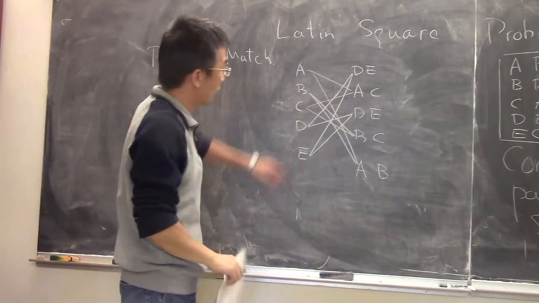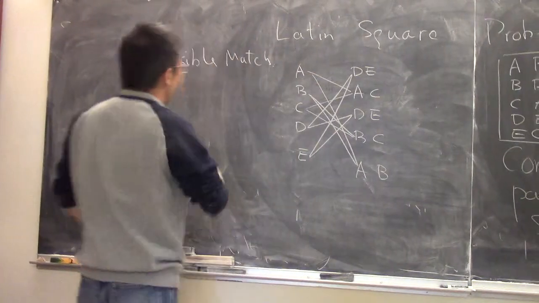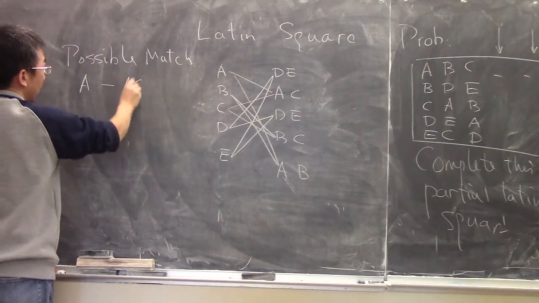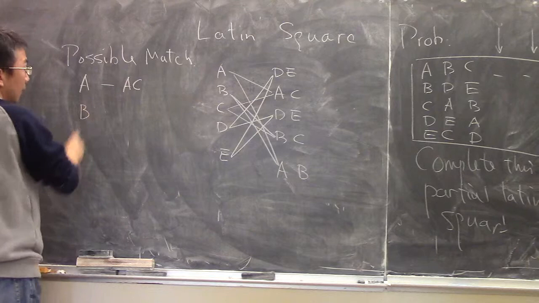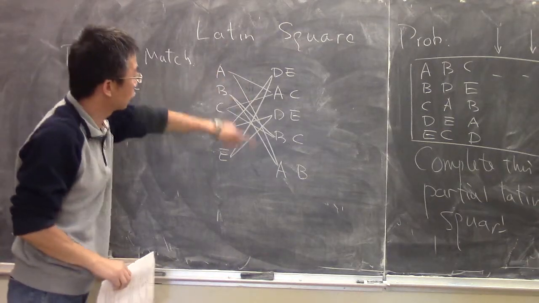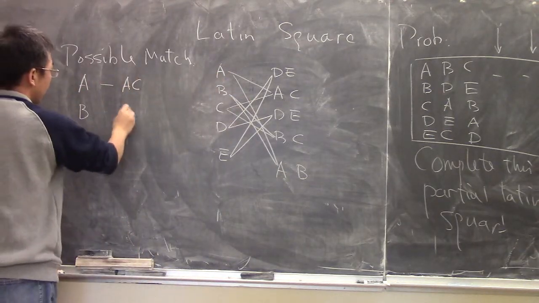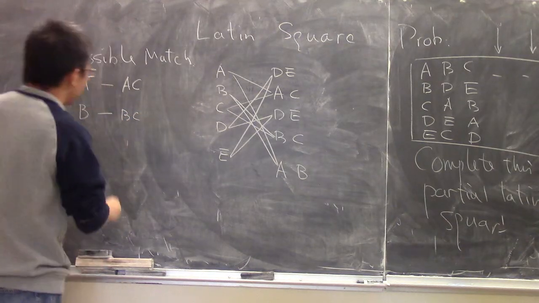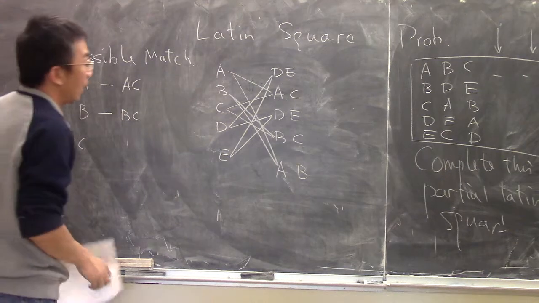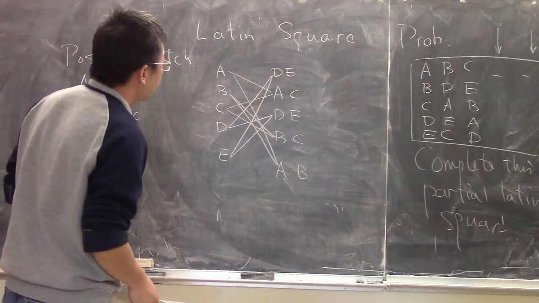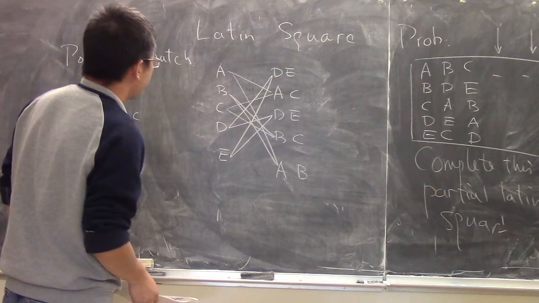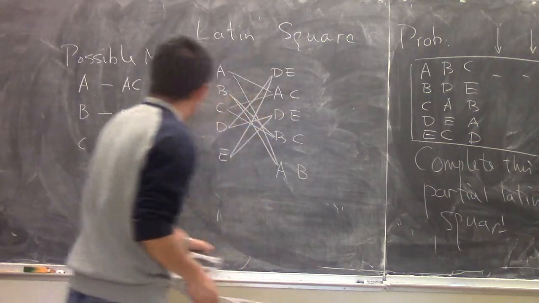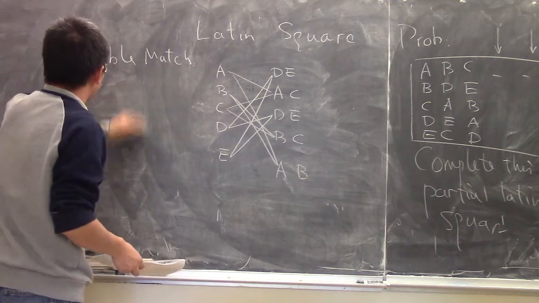So as I said, you can start with A, from A, C, and then B goes to, say, B, C. Let me be a little bit careful with my words here.